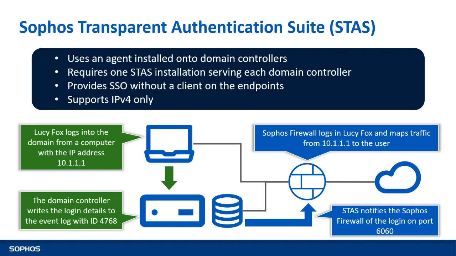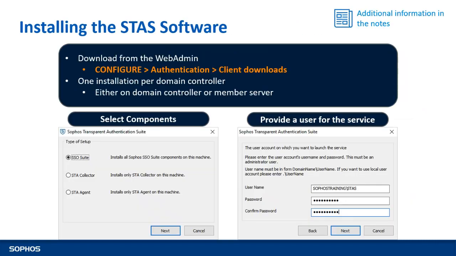Okay? Then the firewall updates the live users, mapping the traffic from 10.1.1.1 to the user Lucy. Okay, that's how it works.